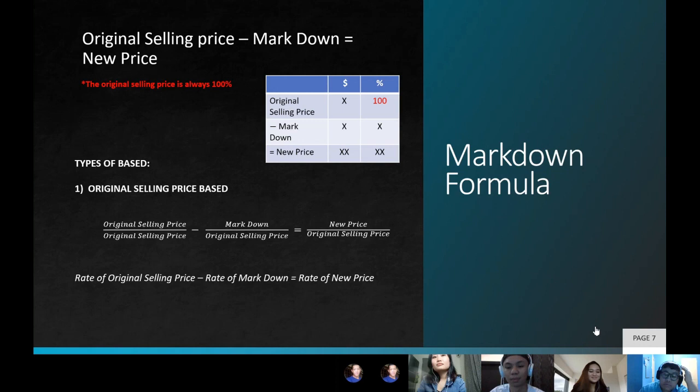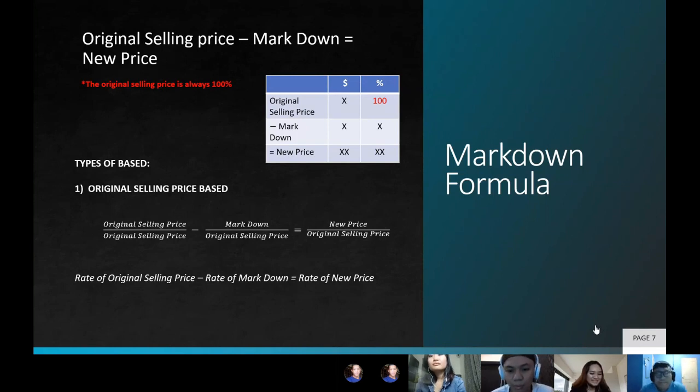Let us see the most basic formula for markdown. As you can see there, original selling price minus markdown equals new price. Also, the original selling price is always 100%. I repeat, 100%. On the right side there is a table of solution plan.